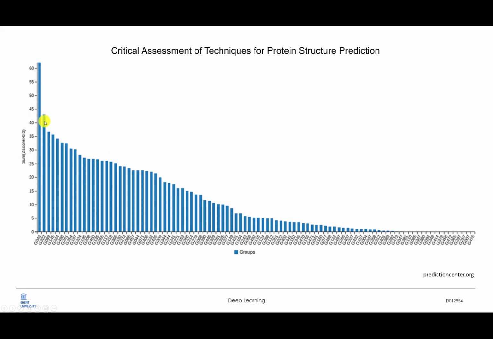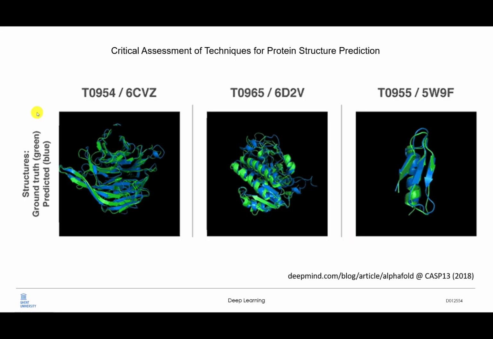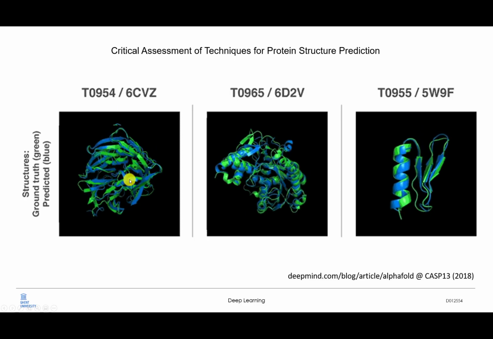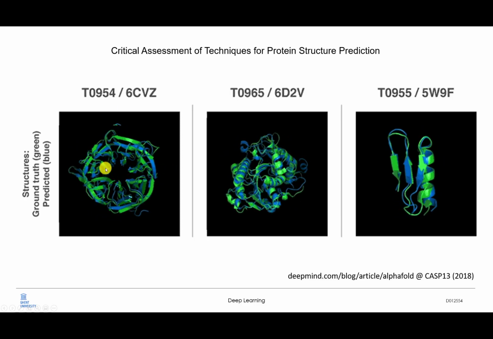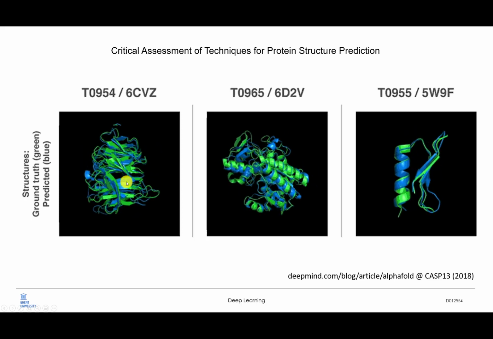This would be the group that has been winning this competition for many years. This was the best performing model until we had this convolutional neural network architecture. This is a very new approach to formulate this as a convolutional problem, so to learn convolutional filters to actually solve this folding problem.